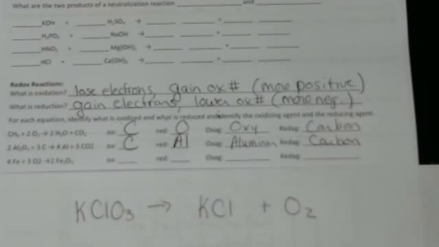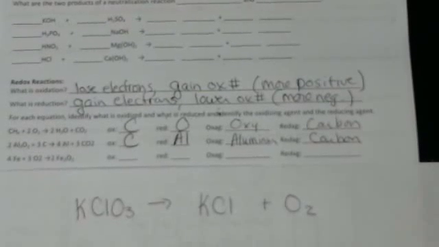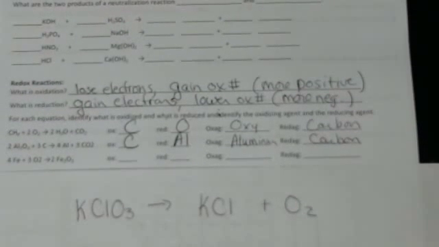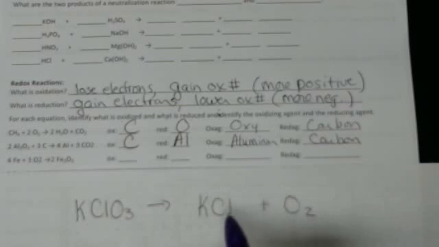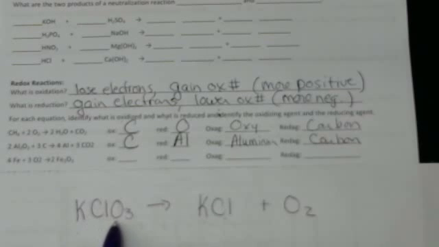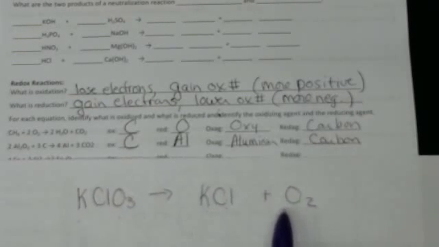If you guys can all see this, this is a decomposition reaction, for potassium chlorate to potassium chloride and oxygen. Remember, our chlorates always decompose to a salt and an oxide.